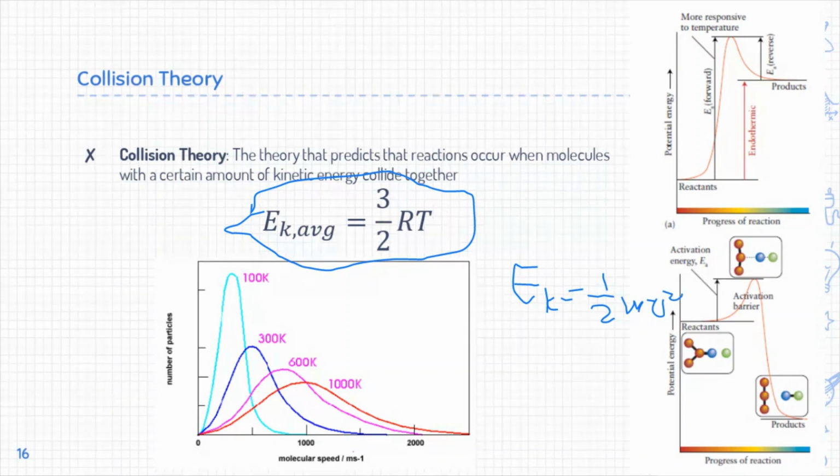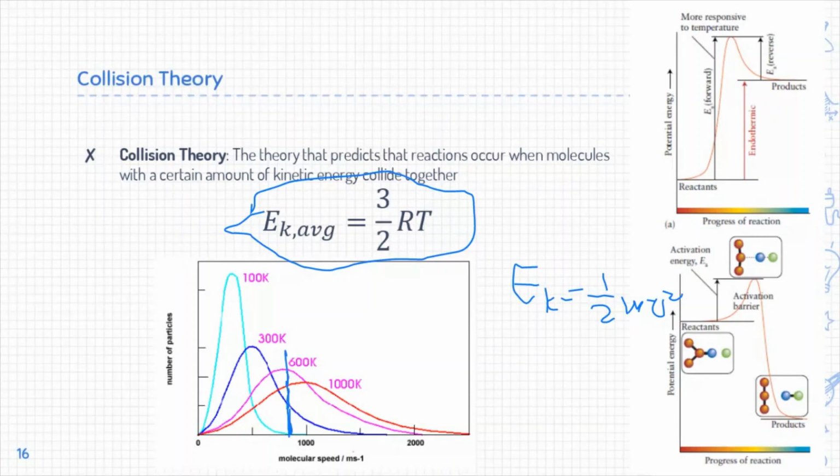So as molecular speed increases, that increases kinetic energy. Okay, cool. So let's say that for a certain reaction to occur, you need about this much kinetic energy.